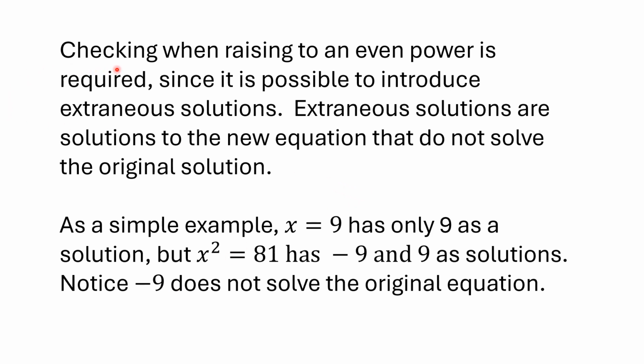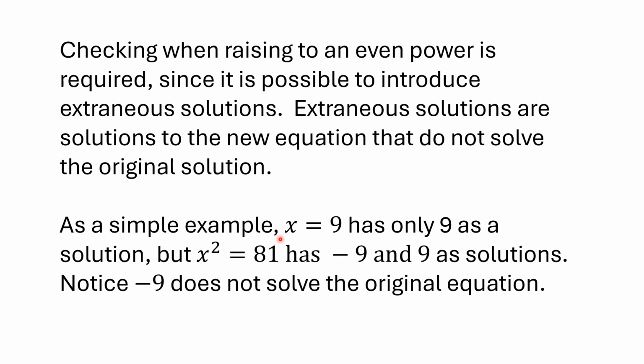Now, when raising to an even power, it is possible that we would introduce extraneous solutions, so we need to check the solutions. Extraneous solutions are solutions to a new equation that do not solve the original equation.